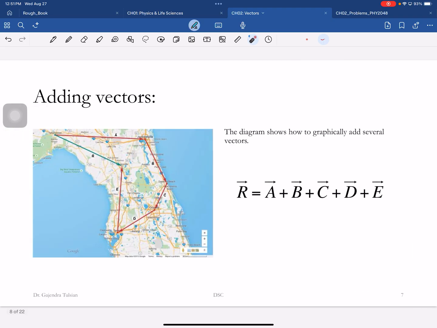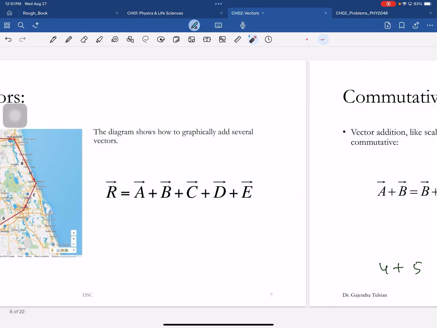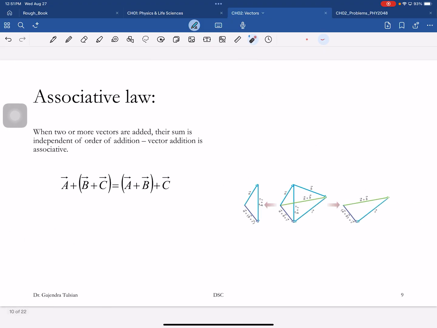In fact, you could generalize this to any number of vectors. You can reorder them any which way you like, and the sum will be the same. With 3 vectors, you can add them in any order. You can add B and C first, and then add A, or A and B, and then add that to C. The final answer will always be the same.